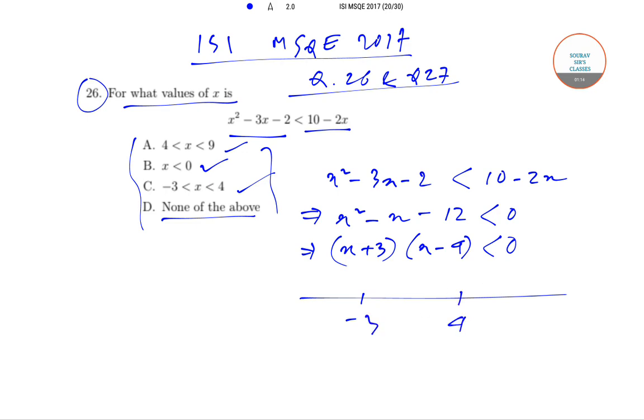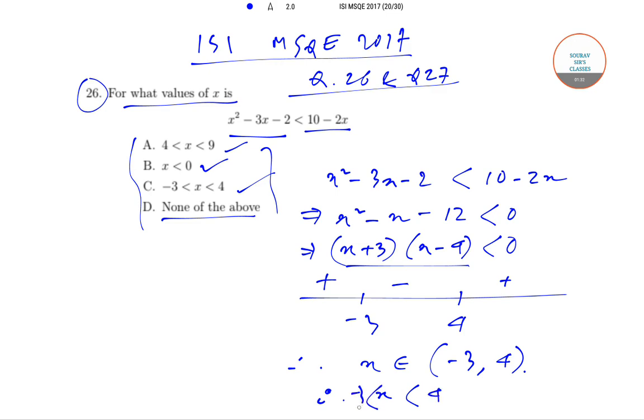Now if you put the signs over here, this will be plus, minus and plus. As such we can see that since we need the product to be negative, x belongs to the open interval (minus 3, 4), or we can say that x lies between minus 3 and 4, which is option C.